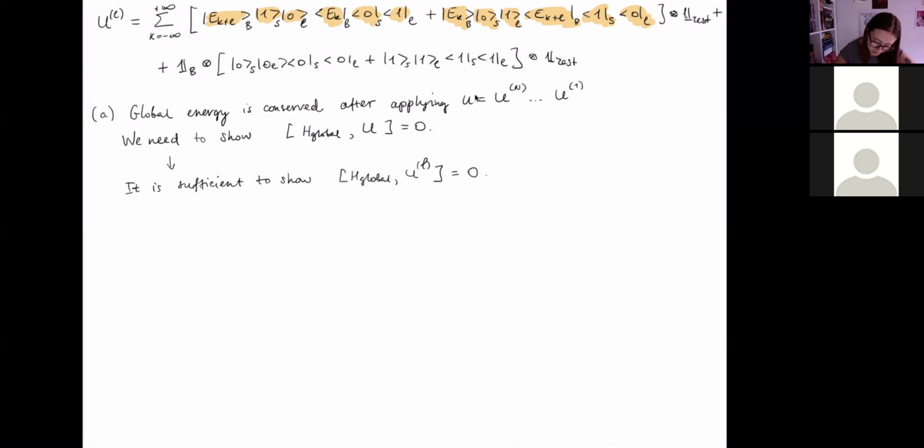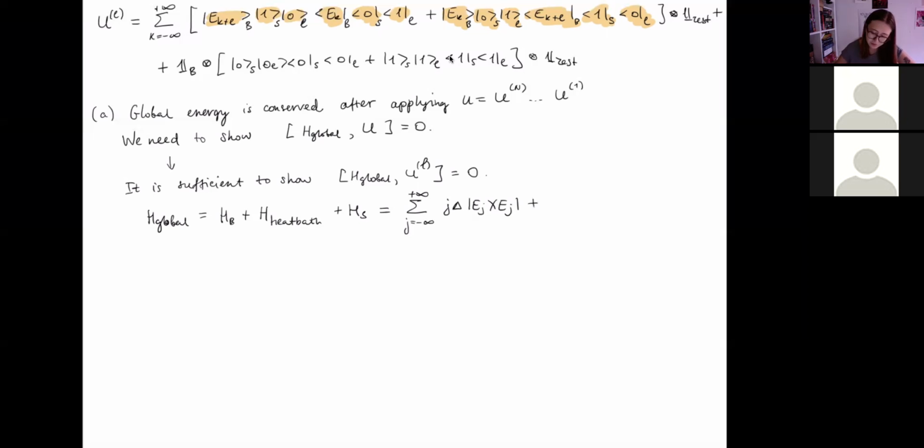Okay, so let us remind ourselves what H global is. H global is just the Hamiltonian of the battery plus the Hamiltonian of the heat bath plus the Hamiltonian of the qubit S. The Hamiltonian of the qubit S is 0. The Hamiltonian of the battery is just the sum from, let's not call it K, from j minus infinity to plus infinity, j delta, |E_j><E_j|.